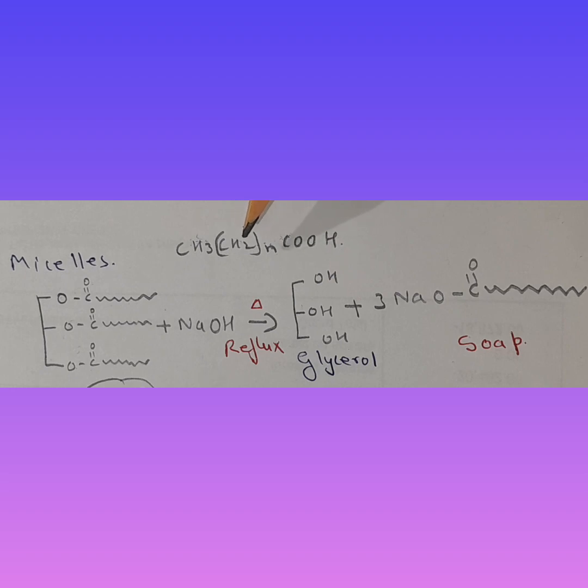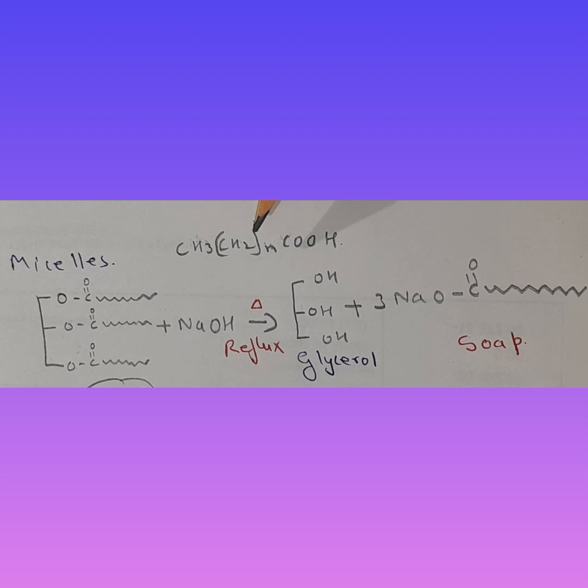If it has one double bond, it is called oleic acid; if two double bonds, linoleic acid; and if three double bonds, linolenic acid. These were examples of unsaturated fatty acids, whereas saturated fatty acids have no double bonds in the molecule.